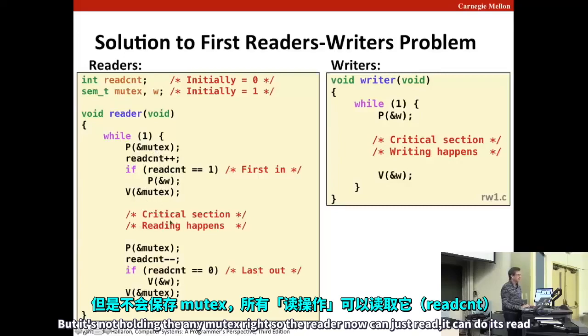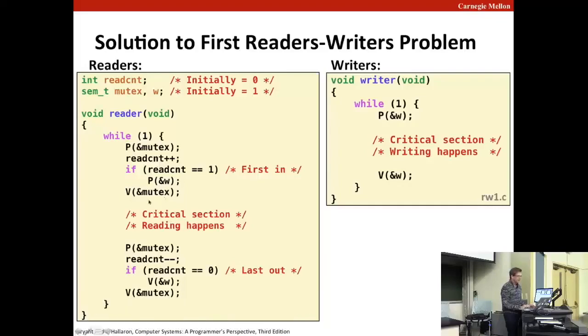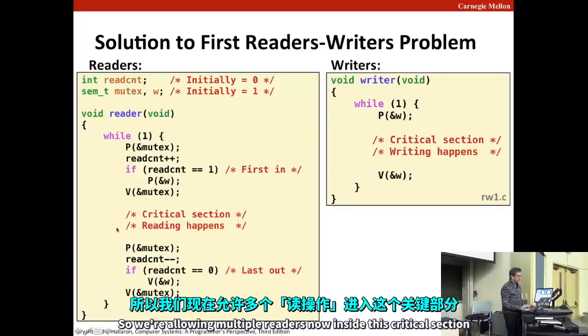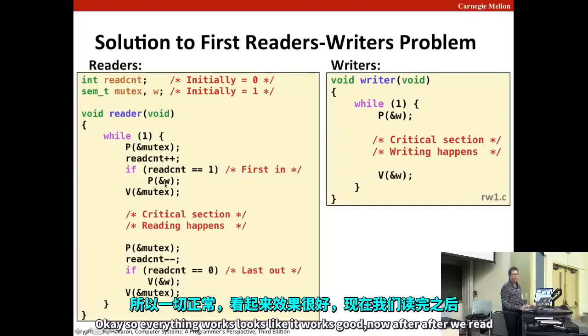It can do its read, and other readers in the same section of the code can also do their reads. So we're allowing multiple readers inside this critical section, but no writers. Everything works.